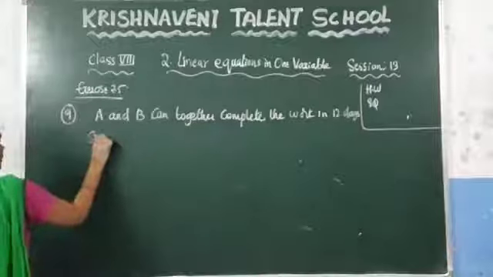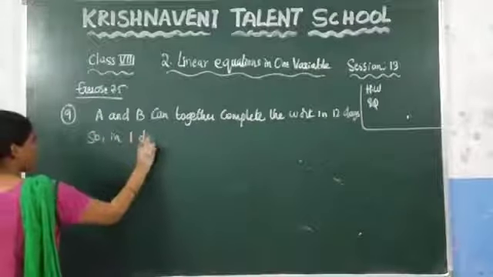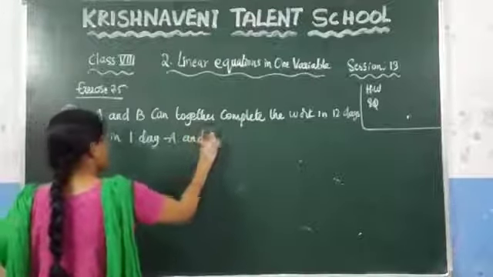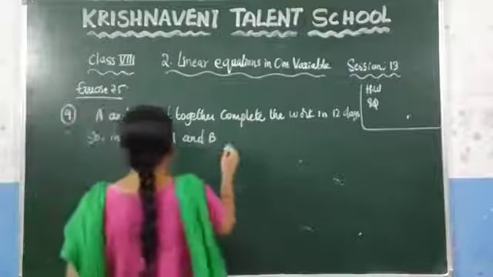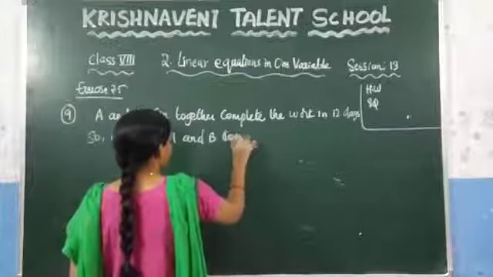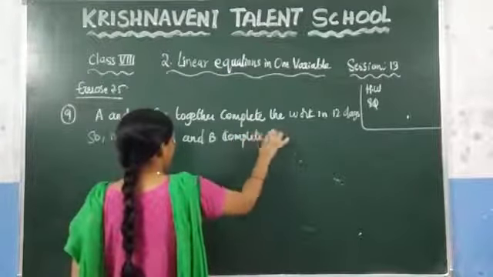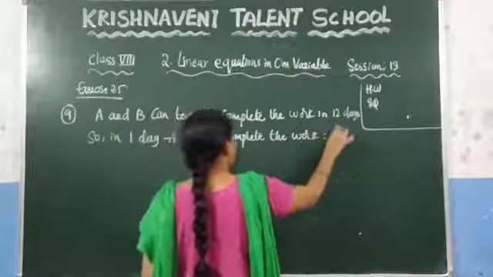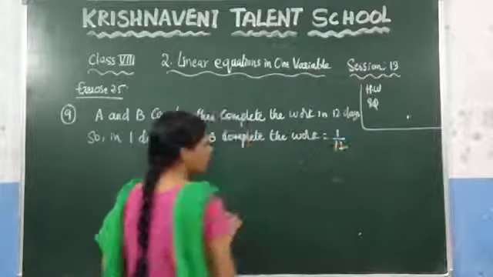So in one day, A and B complete how much work? Which is 1/12 of the work, right?